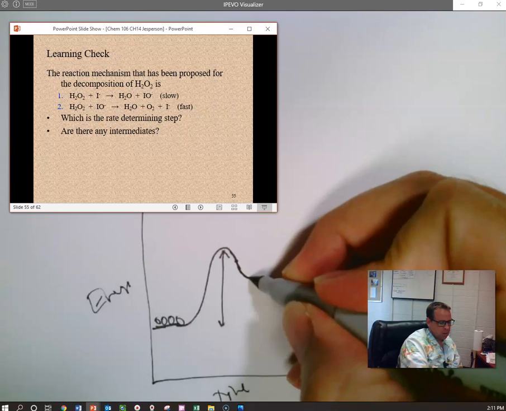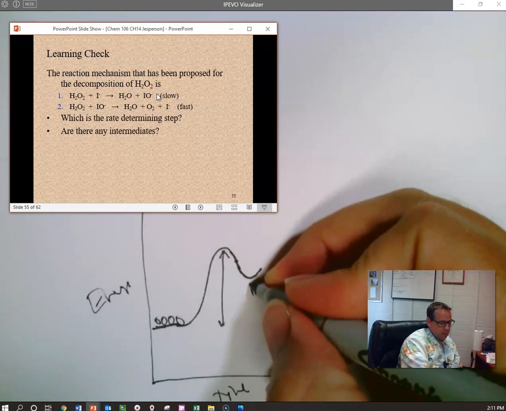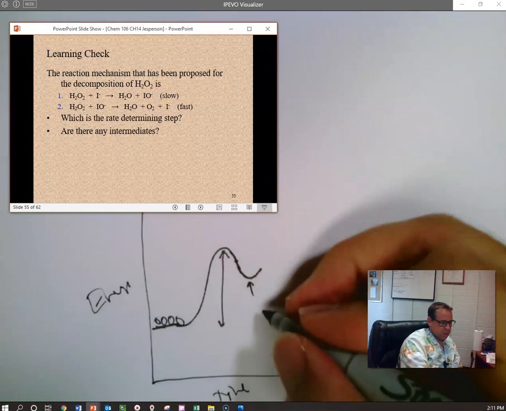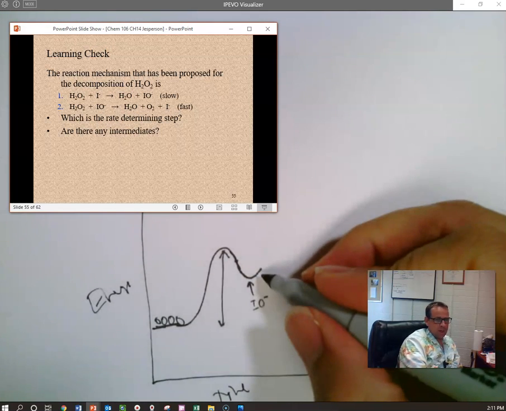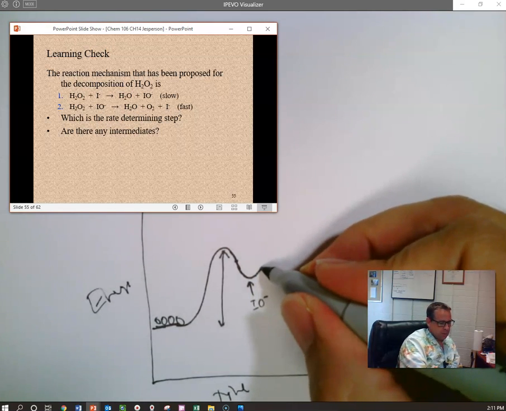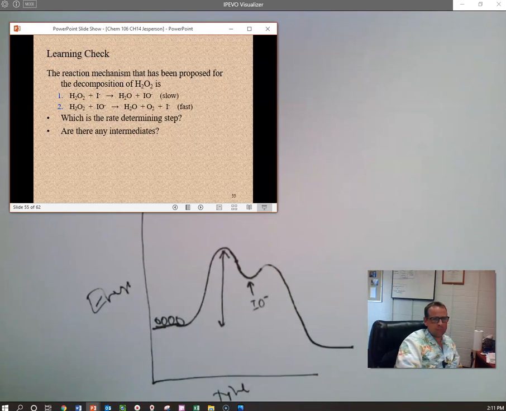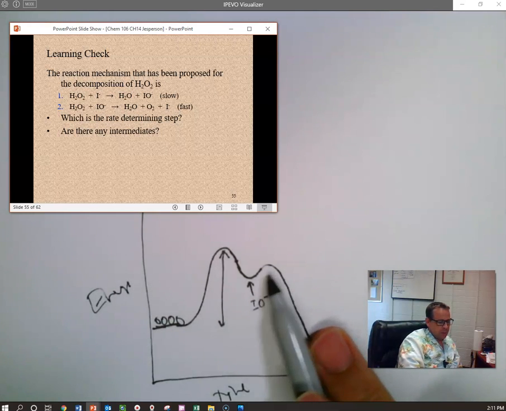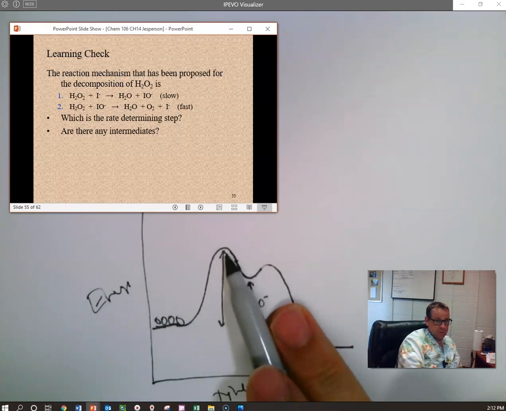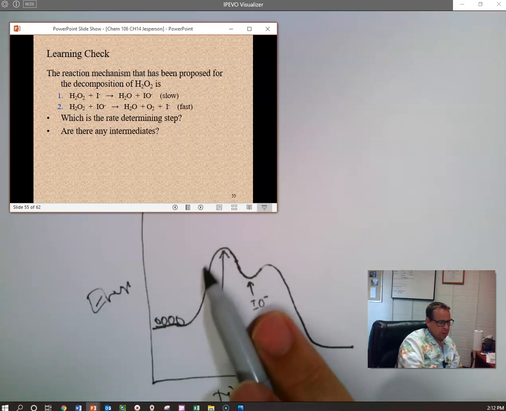And so once that occurs, according to these steps up here, our IO appears. This is where our IO is. That's an intermediate. And then after that, another portion of the reaction has to occur. But because this one is the slow step, it is the one that requires the most energy to overcome.